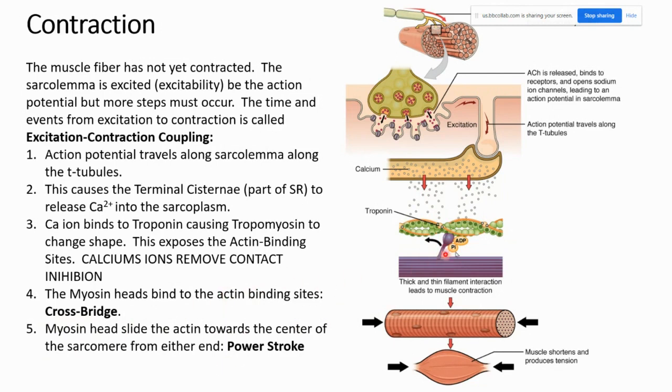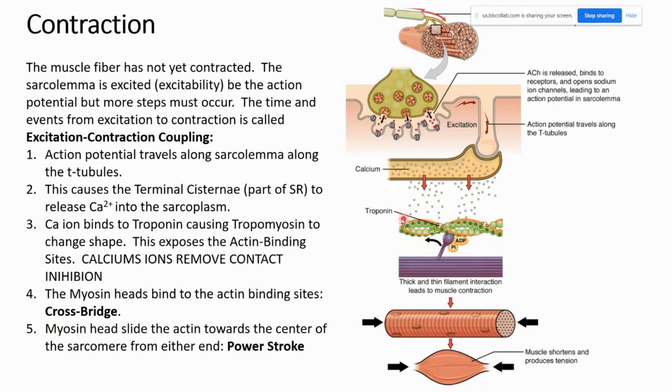So the whole point is our muscles are not able to contract because myosin cannot normally bind to actin because of the contact inhibition of troponin and tropomyosin. And that's a good thing. If not, our muscles would be contracted all the time, and we wouldn't be able to relax them.